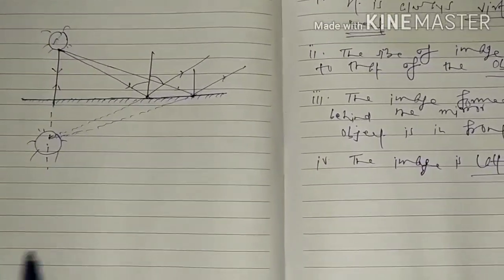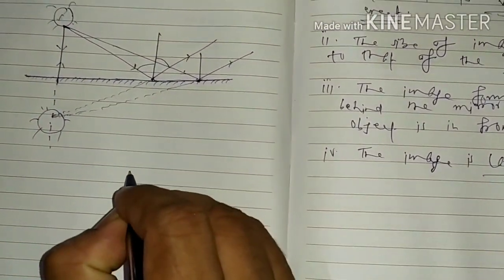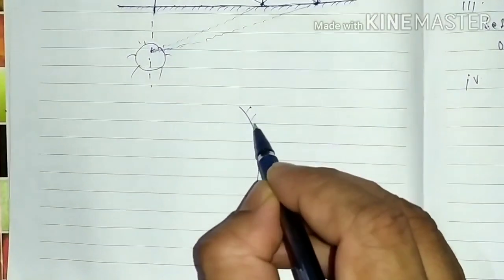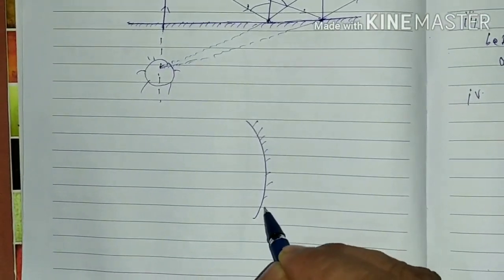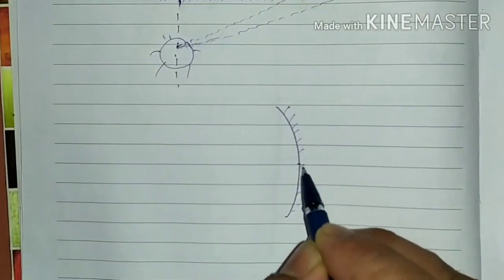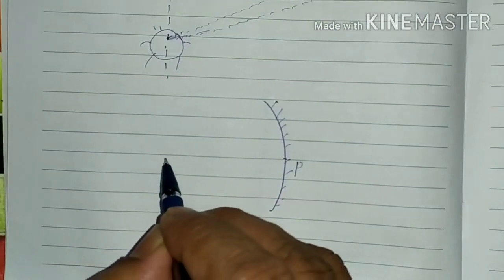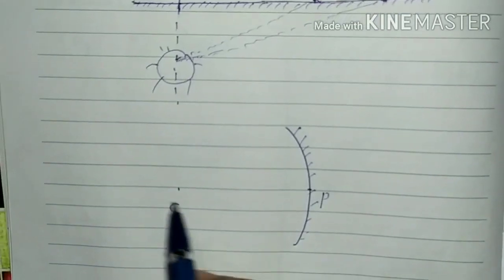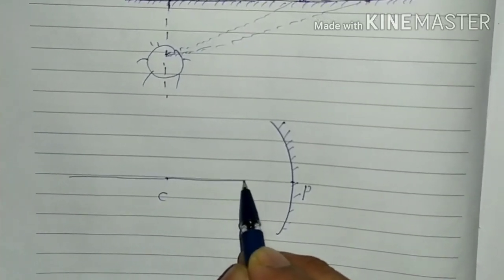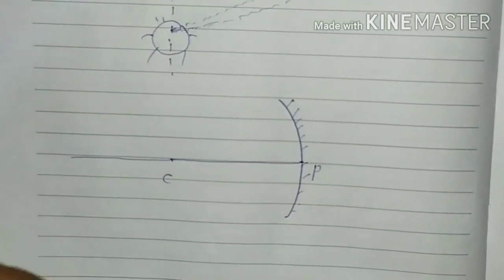For the formation of a real image, suppose we take a concave mirror here. A concave mirror is a mirror whose reflecting surface is tilted inward. We also know that the midpoint of any mirror is called the pole, and the center is called the center of curvature. A line joining the center of curvature of this mirror to the pole is called the principal axis.